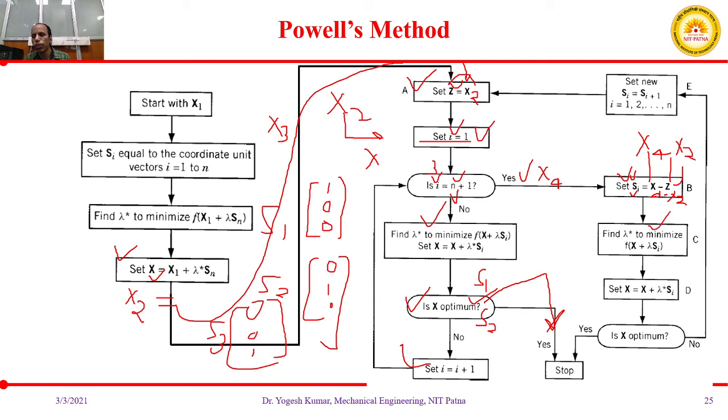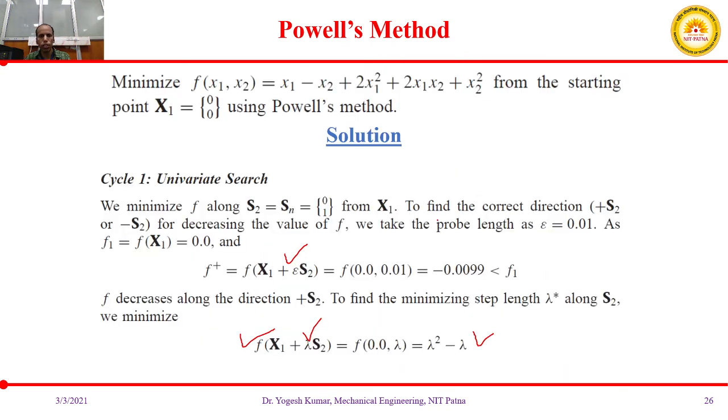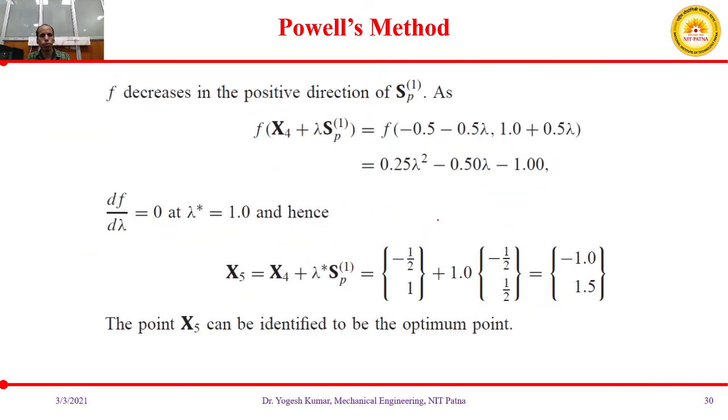And again you will try to get the minimum value of your given function in such a way that x1 plus lambda Si... you will equate it to 0, and you will get the value of lambda. Let us finish this step quickly.